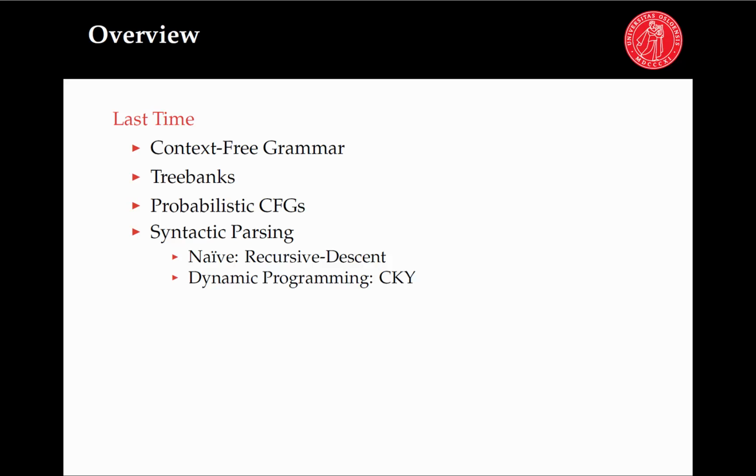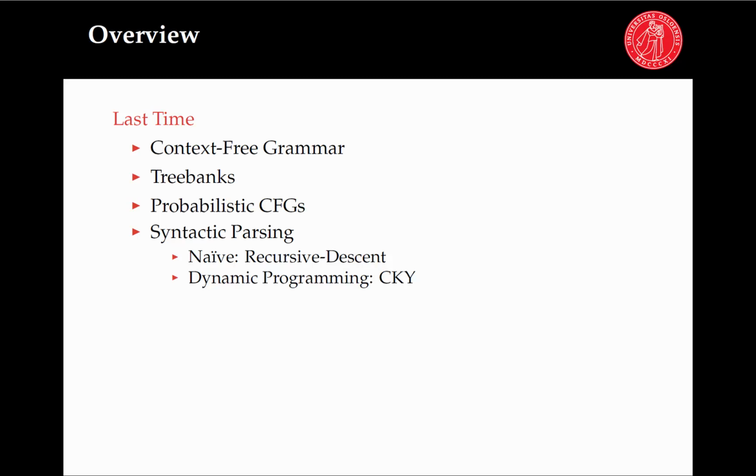Then we started to actually talk about parsing algorithms and looked at, I believe, the most simple algorithm conceivable, the recursive descent parser. That starts from the start symbol and generates trees and hopes to find the actual string eventually, and observed that the algorithm has exponential complexity because it's naive, but that also the problem actually has exponential growth in it because the number of different trees grows exponentially in the length of the input.